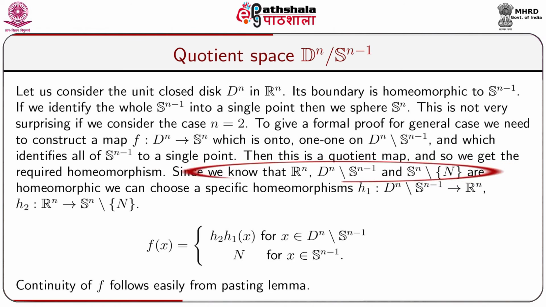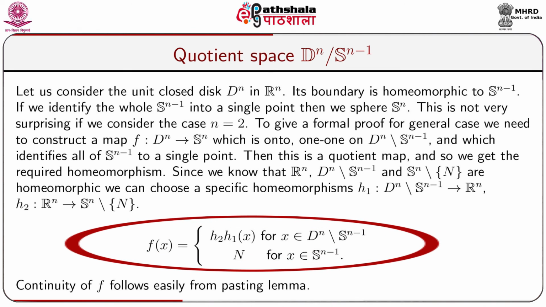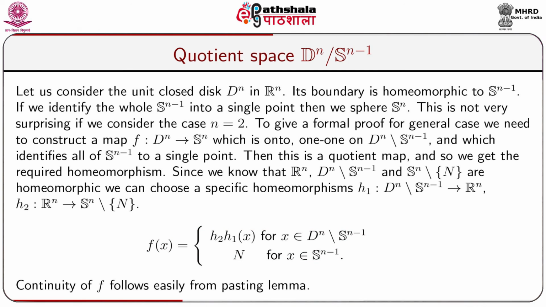Since we know that Rn, Dn minus S^(n-1), and Sn minus the North Pole are homeomorphic, we can choose specific homeomorphisms h1 from Dn minus S^(n-1) to Rn and h2 from Rn to Sn minus the North Pole, and then define f(x) by the formula f(x) = h2(h1(x)) when x belongs to Dn minus S^(n-1), and f(x) equal to the North Pole when x belongs to S^(n-1).